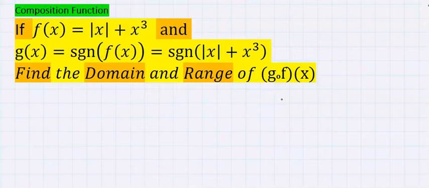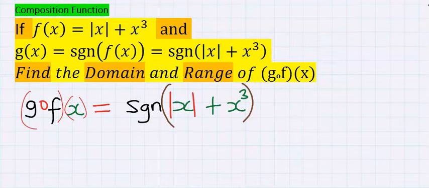A composition function is created when one function is substituted into another function. And here we are going to substitute the value of f of x into g of x. To solve this problem, I will write the value of g of x first because it came first.